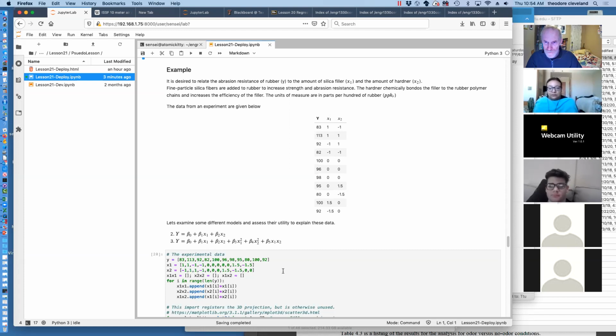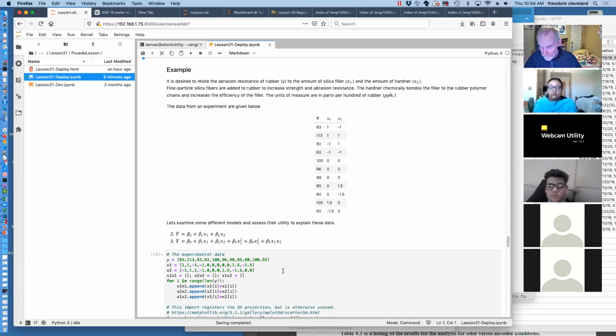And then we measured the abrasion resistance of rubber with some device that we have been using in manufacturing in the past. And the units of the abrasion resistance measure are unstated in this example.